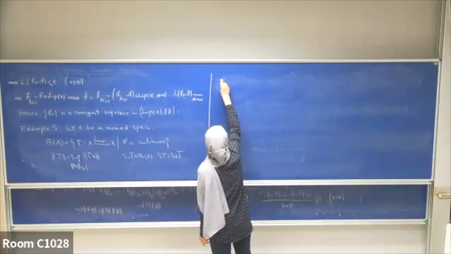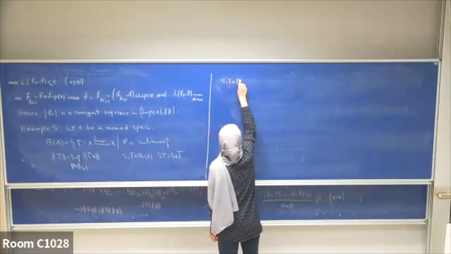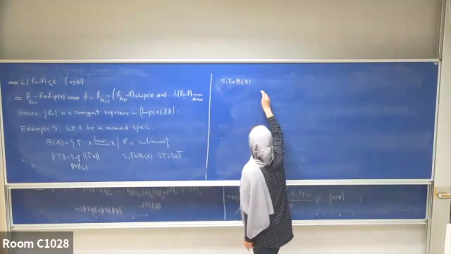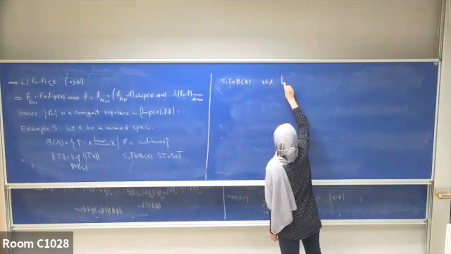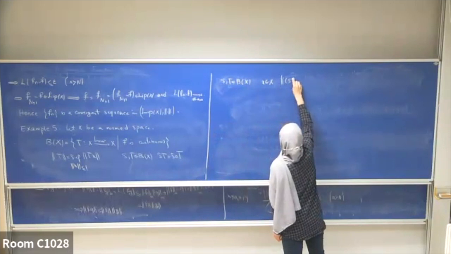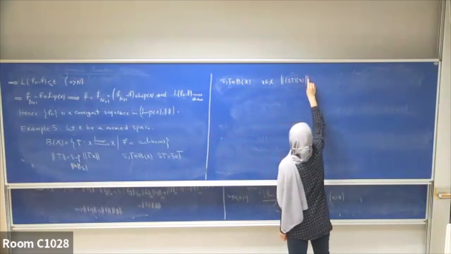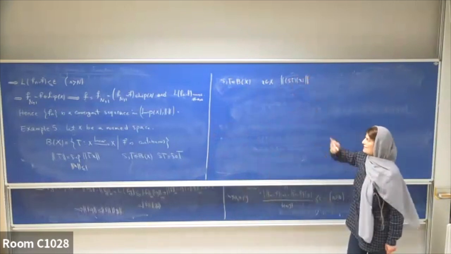For example, S and T in B of X, and x in X, the norm of ST of x, it means that S of T of x.